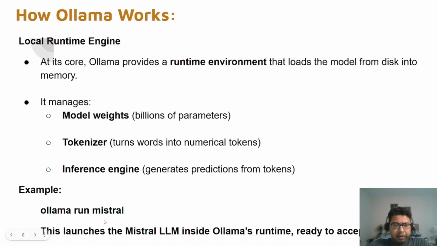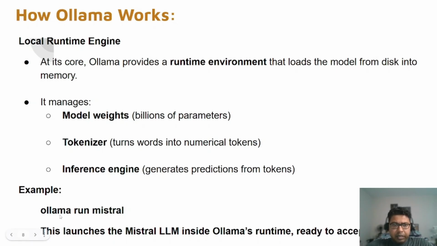Example: ollama run mistral means we are asking Ollama to run this model, Mistral. This launches the Mistral LLM inside Ollama's runtime, ready to accept user input. So this is how Ollama works.